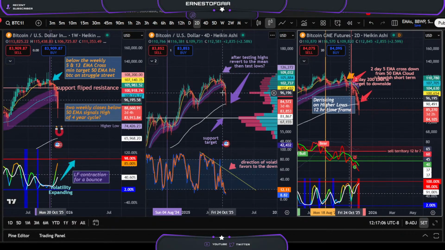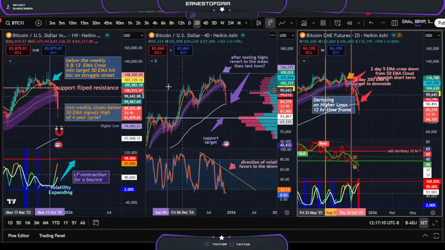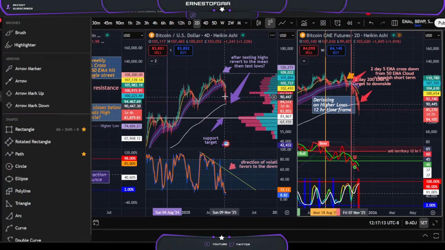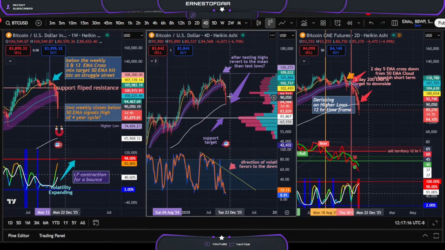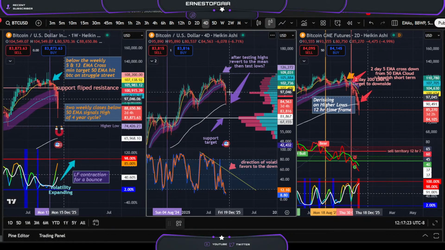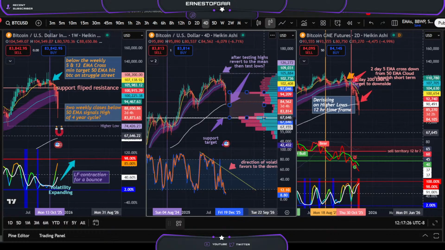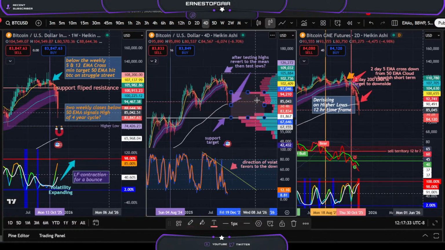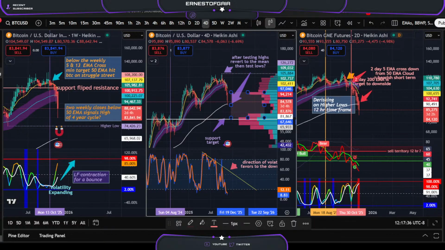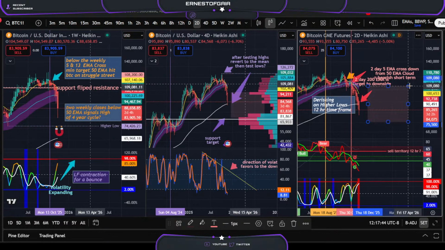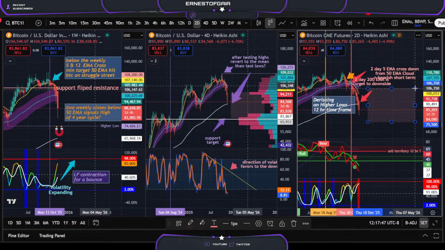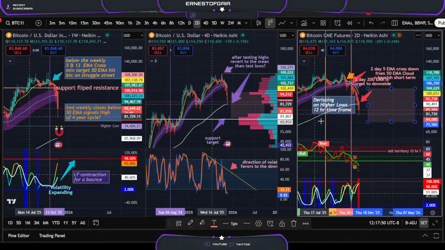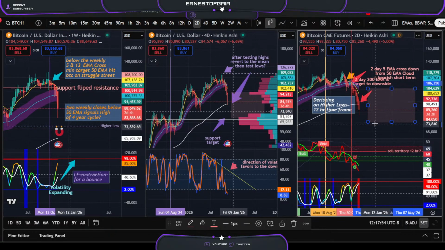But our main bot is going to be between this high and down here, and then our other bot is going to be like 75 to 107. And we'll have to see how and if we get bounces.